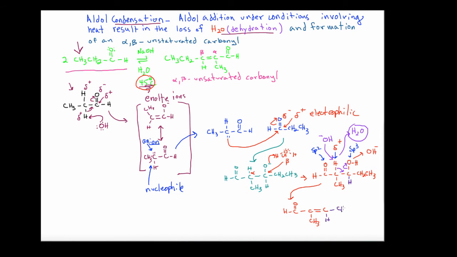And then we have the methylene and the methyl group here. So you can see, 1, 2, 3, 4, so everything's good. All right, and now this has become an alpha, beta unsaturated carbonyl.